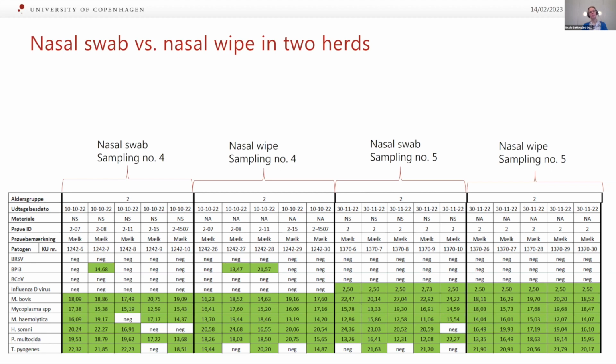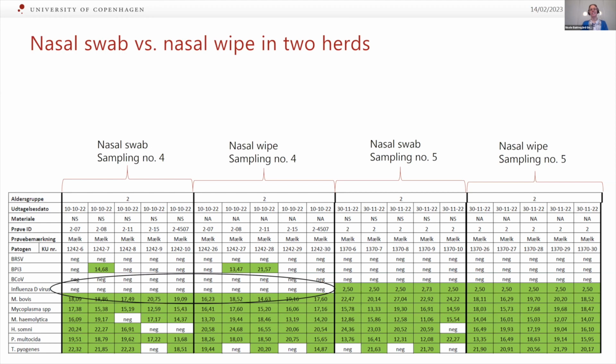And in this table, you can see the results for the nasal swab samples and the nasal wipe samples for sampling round 4 and for sampling round 5. And as you can see, there is a good correlation between the pathogens we found in these two sample materials.